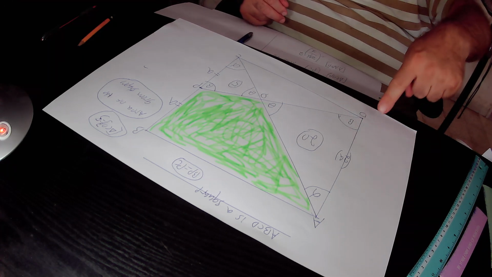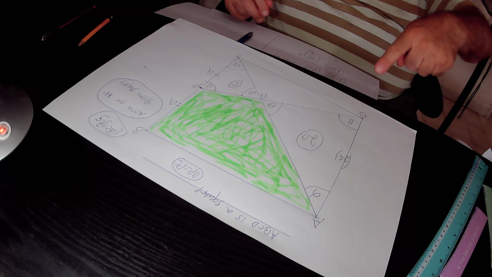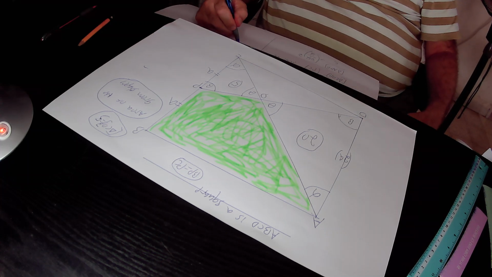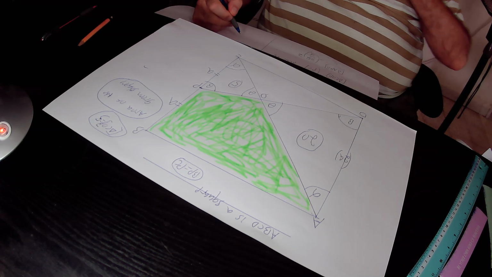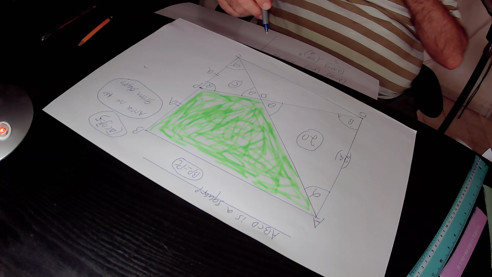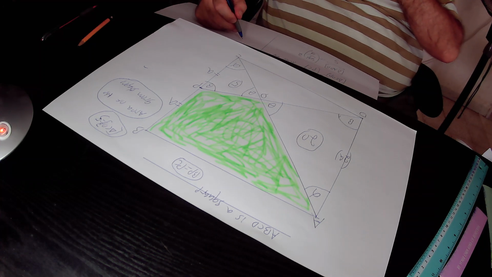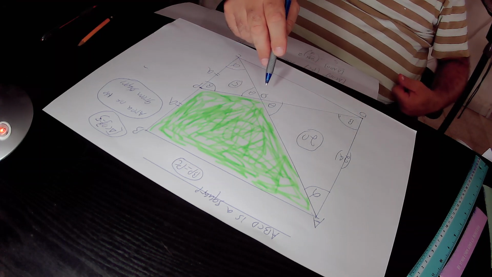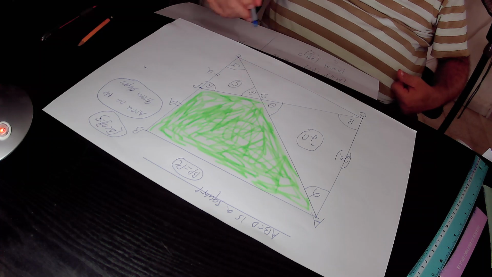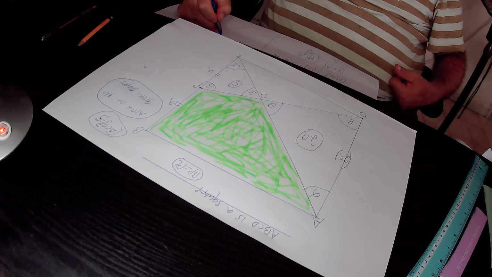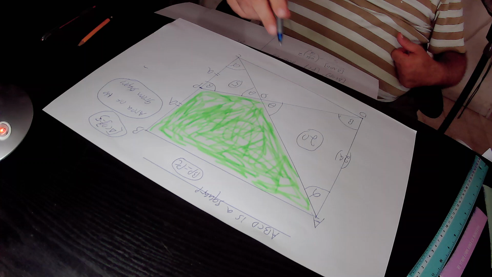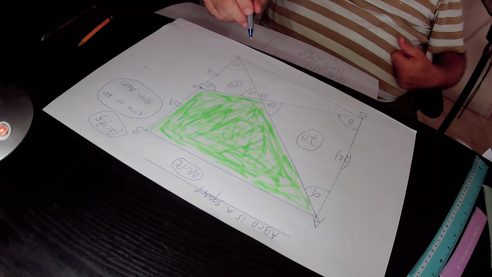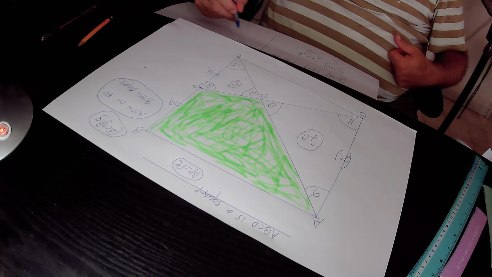Side AD of the big triangle ADO over side PC of the small triangle POC is equal to side AO of this big triangle ADO over side OC of the small triangle OPC.